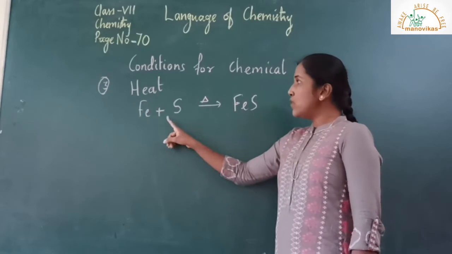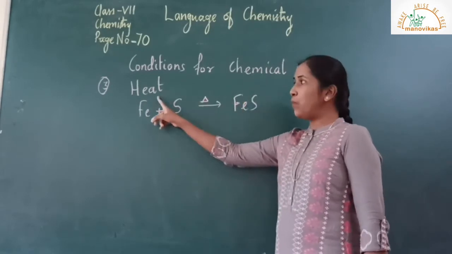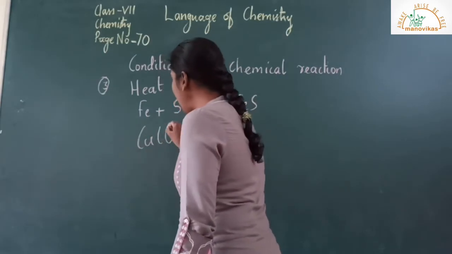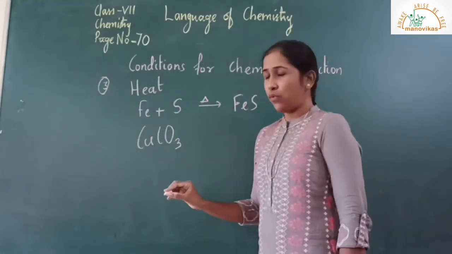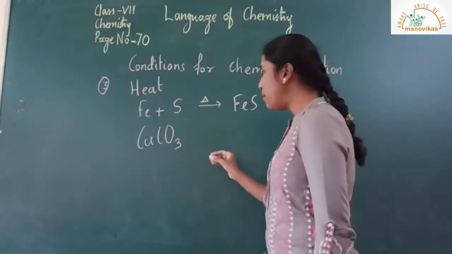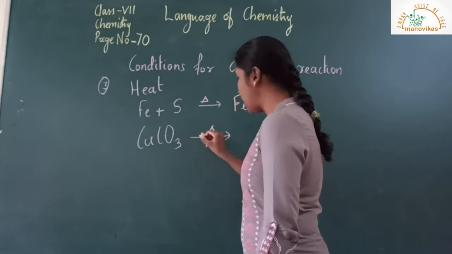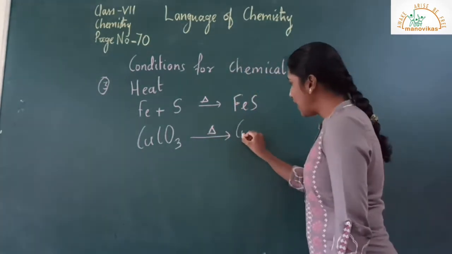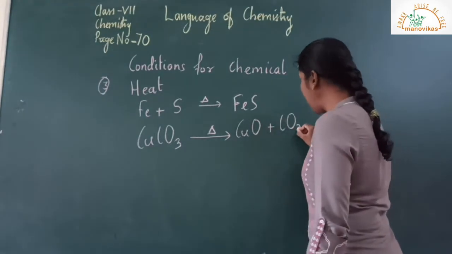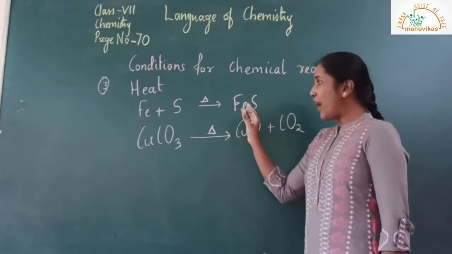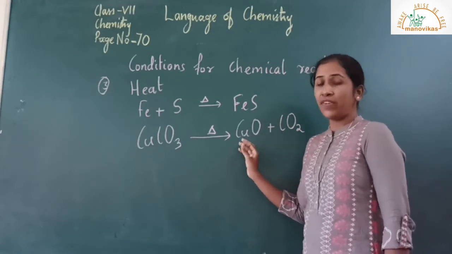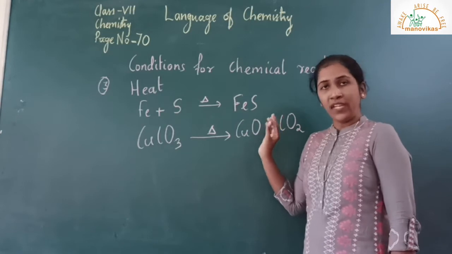So this reaction proceeds with the help of heat. Same way, we can take one more example. If I take copper carbonate, it will undergo the reaction, but with the help of heat. What I will get is copper oxide plus carbon dioxide gas. So you have to remember that certain reactions can take place only when there is a supply of heat.